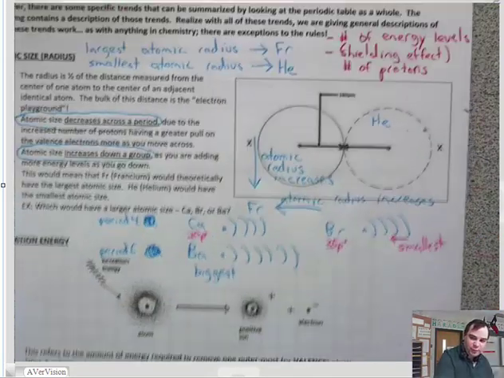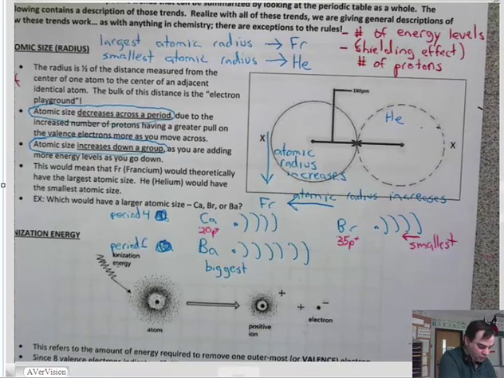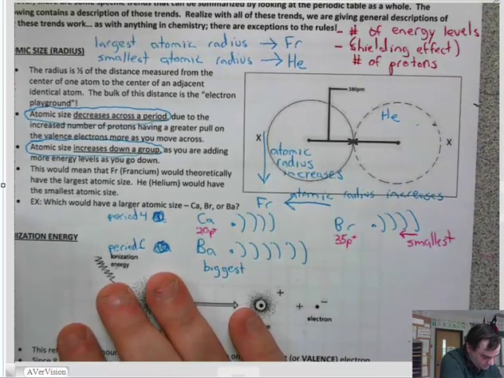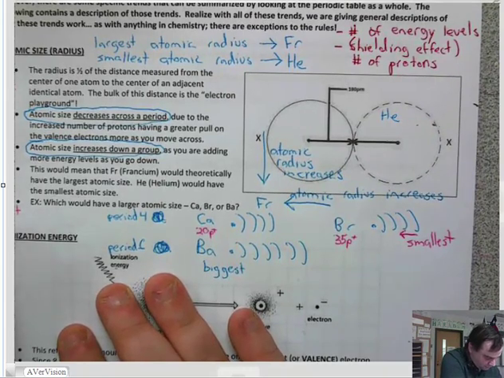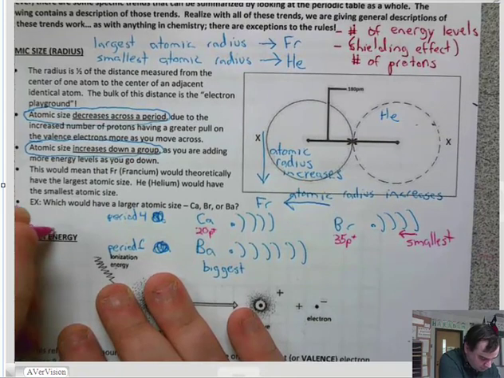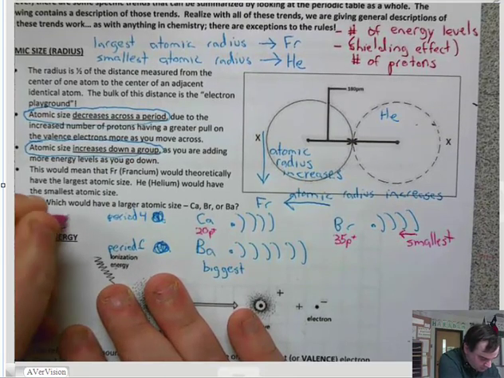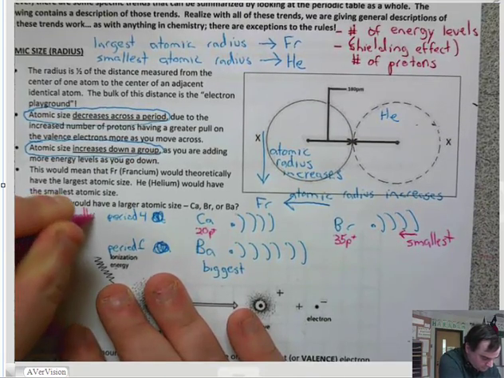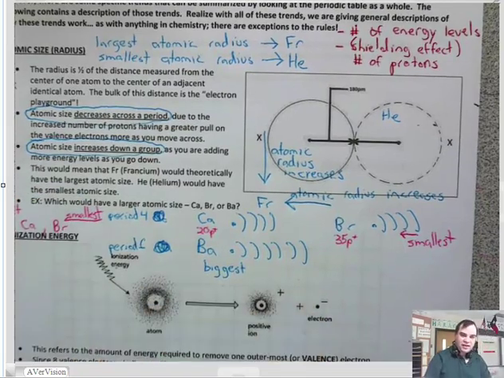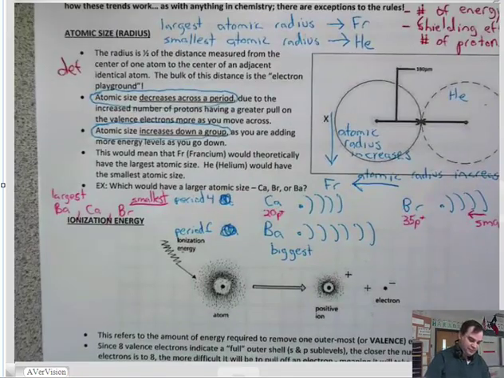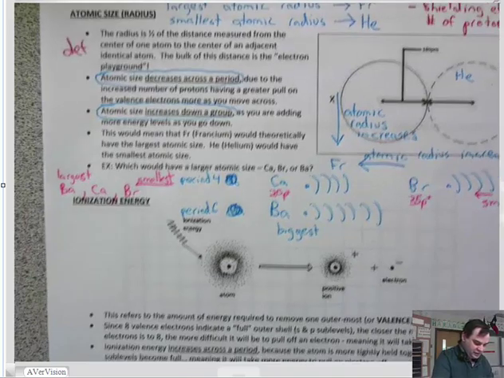So if I was to put this in order from largest to smallest, the largest would be barium, the second would be calcium, and the third would be bromine, which would be the smallest. Okay, that is looking at the size of the atom.